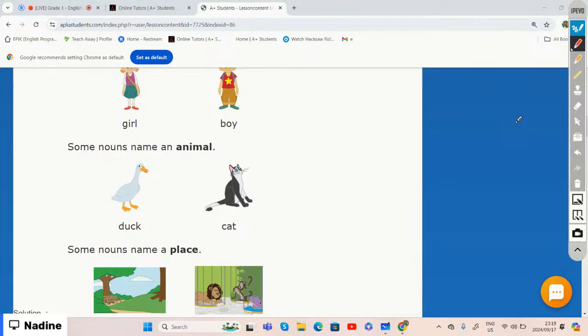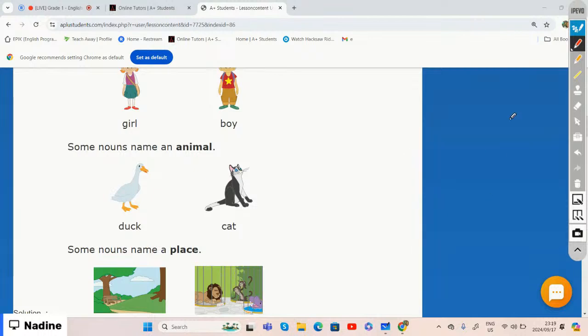But it names an animal. Like I said, it can be basically any animal, your favorite animal or literally any specific animal that you make mention of.